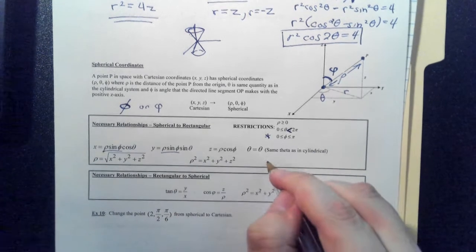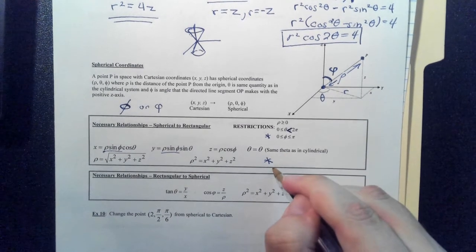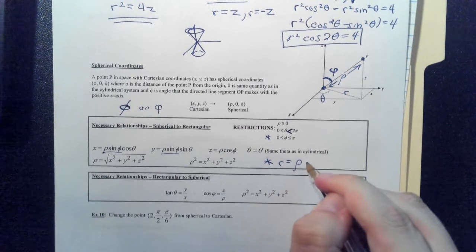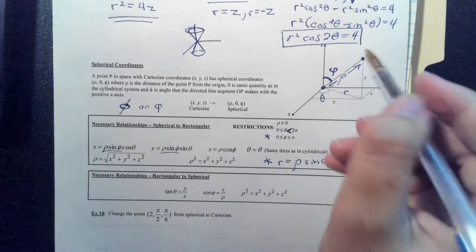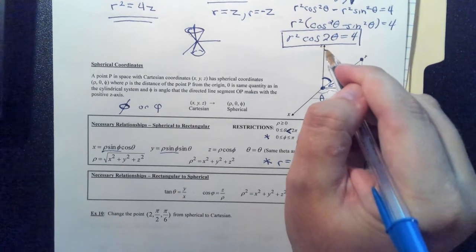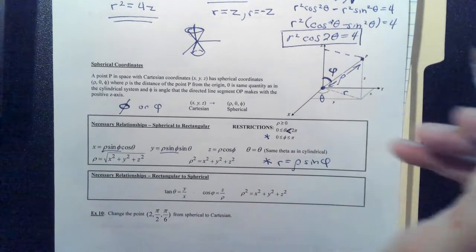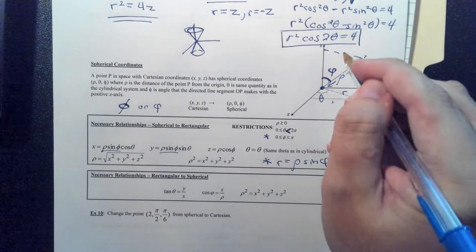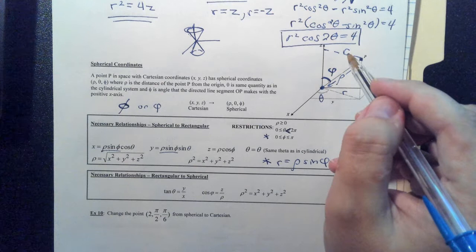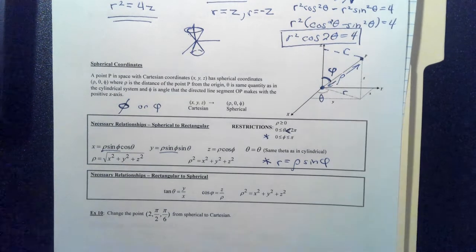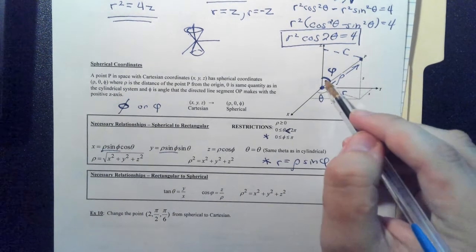So what I must conclude here, and what we can actually justify, is that r is, in fact, rho sine phi. If I look at my diagram right here, I can actually see this. If I complete my rectangle up here, this is also r. And yes, r is rho times the sine of phi. It's the hypotenuse times the sine of this angle.